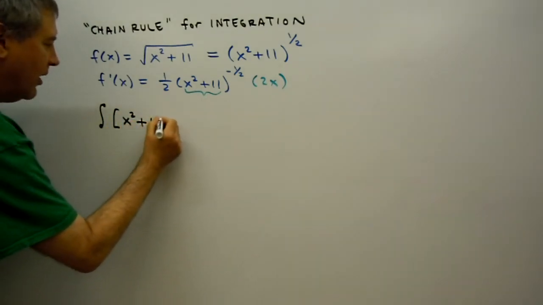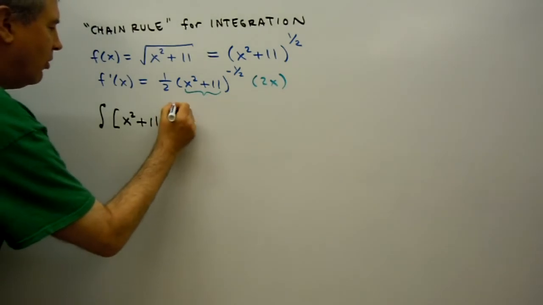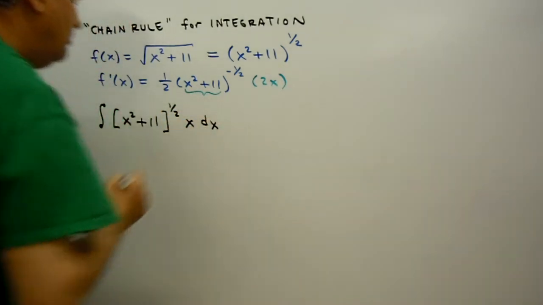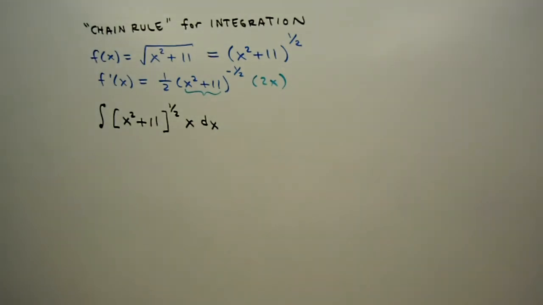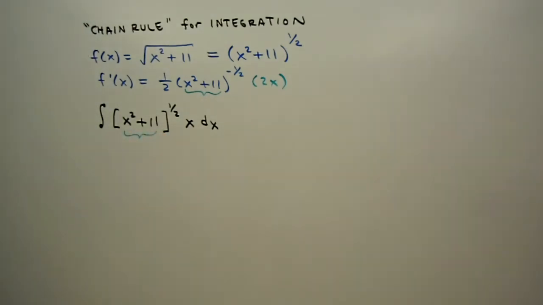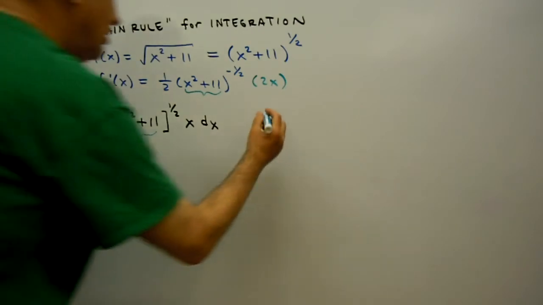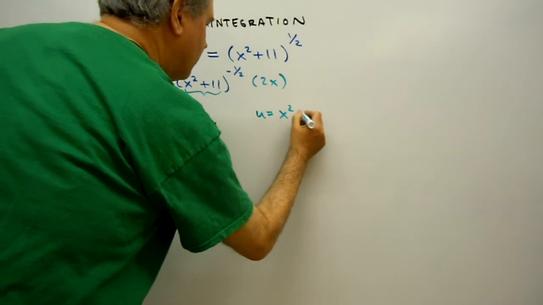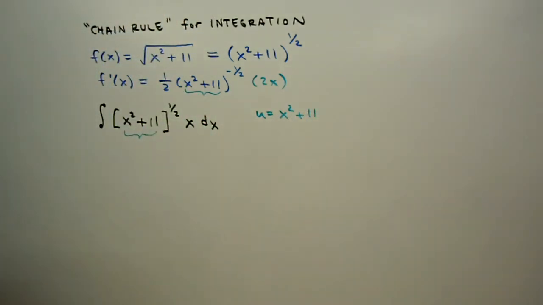Suppose that it's the integral of x squared plus 11 to the 1/2 power times x dx. We're attempting to do derivatives in reverse. And if we look at the inside, which is commonly referred to as u, we'll think of that as u, x squared plus 11.